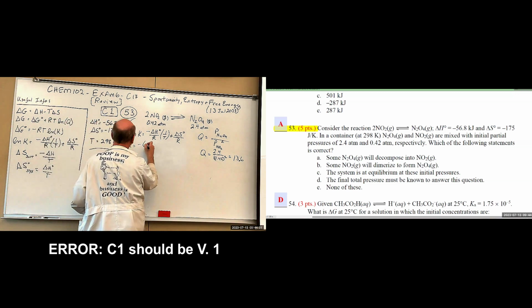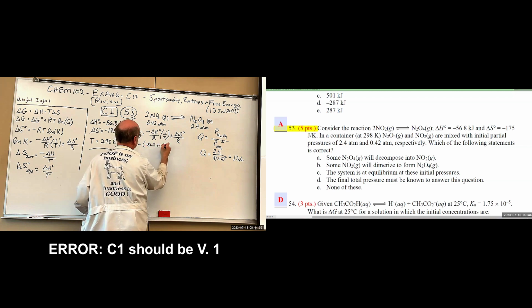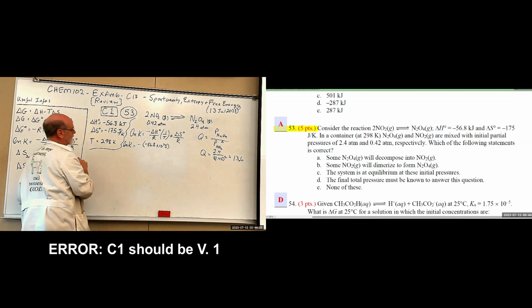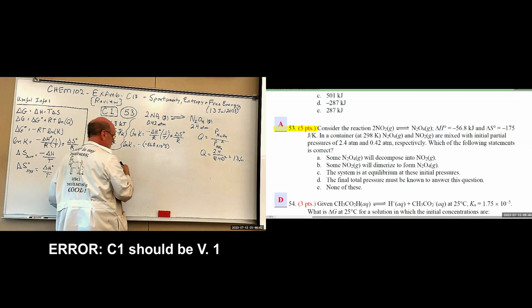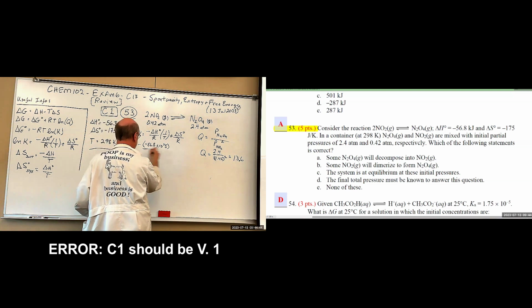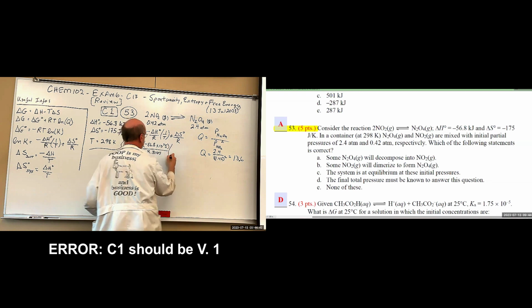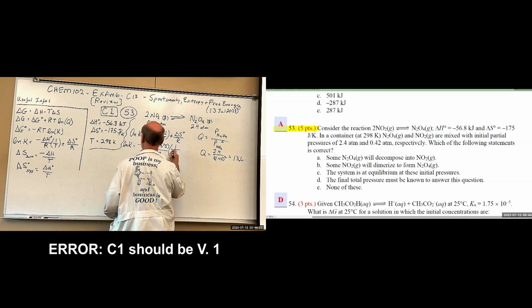So this would be minus 56.8 times 10 to the third joules. I just took that K and turned it into 10 to the third. And then the R is 8.3145. And then we have 1 over temperature, which is 298.